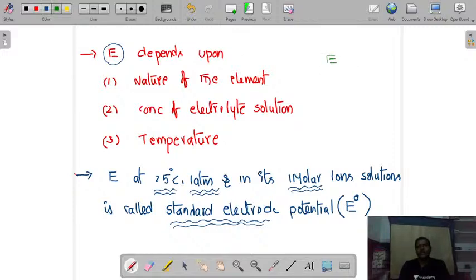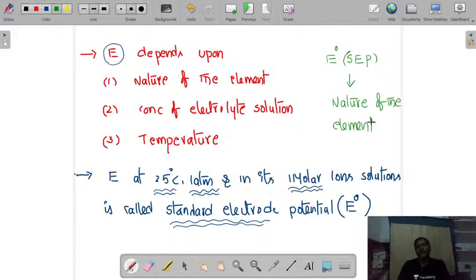Standard electrode potential E naught only depends upon the nature of the element.